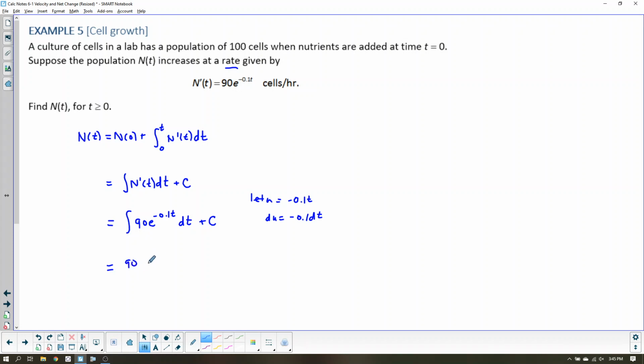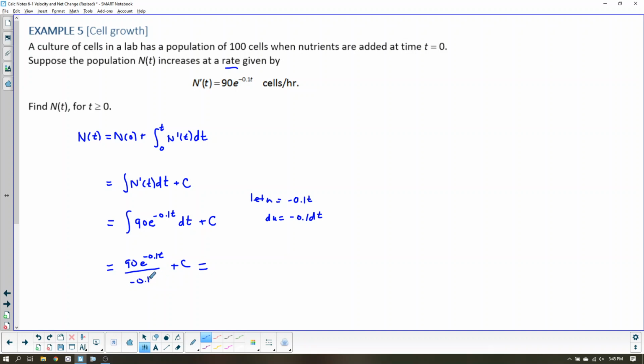We know that the derivative of an exponential function is basically itself multiplied by the derivative of the exponent. So in this case, when we're integrating, we're just going to divide by that. This is really coming from the u substitution, where this has to be put out in front as a reciprocal. So hopefully we're okay with that.